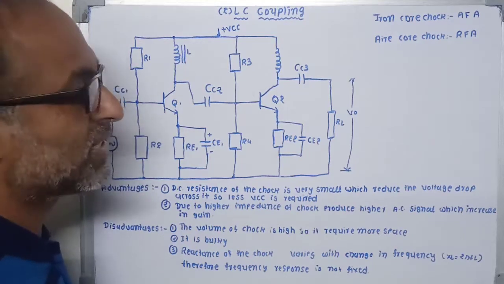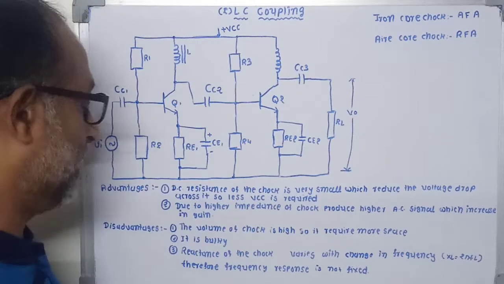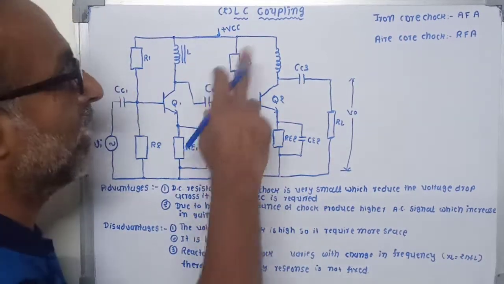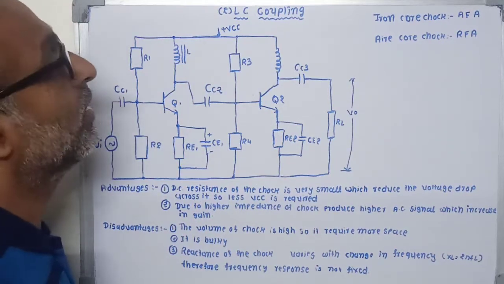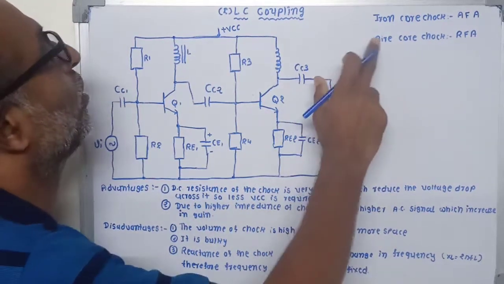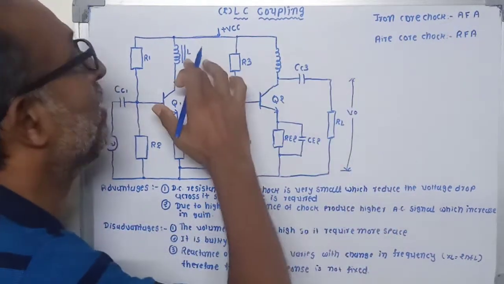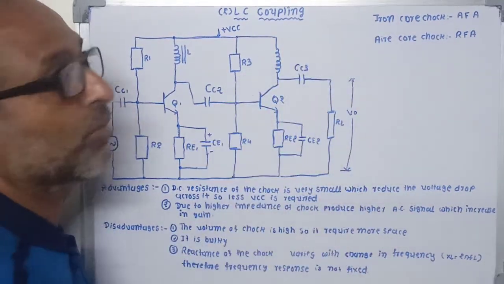So if the frequency is changed, XL is also changed. Therefore, the frequency response of this LC coupling is not fixed. And another thing, the iron core choke is used for the audio frequency amplifier, and the air core type choke is used for the radio frequency amplifier.